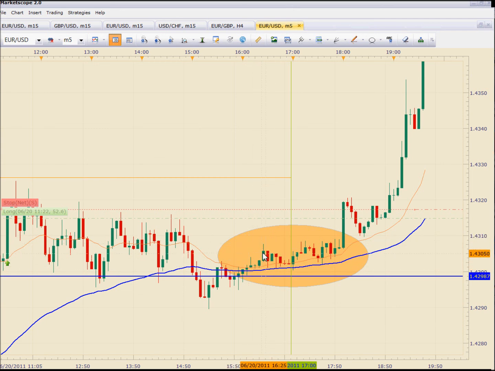So I would put my entry order above this high here to buy. And then of course I got filled in here, although I was really a little above that. I was further up, but I got filled in nevertheless, and then to the upside.